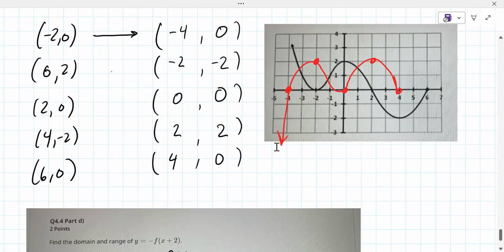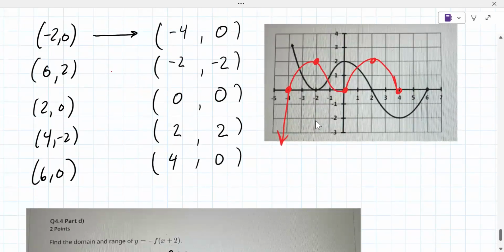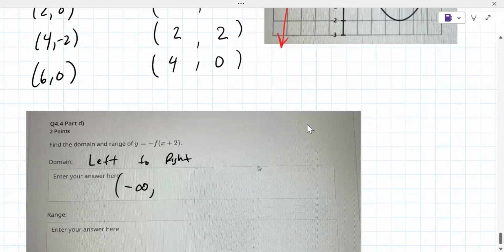So how far left is forever? Is it negative infinity? Negative infinity. And then what is the rightmost x value of the red? 4.